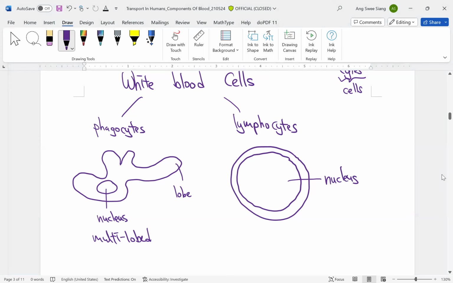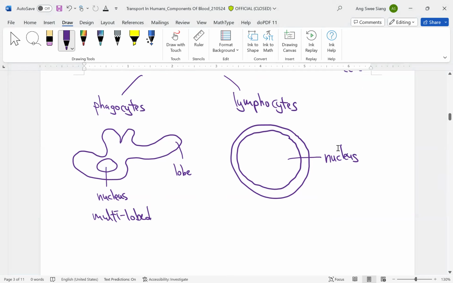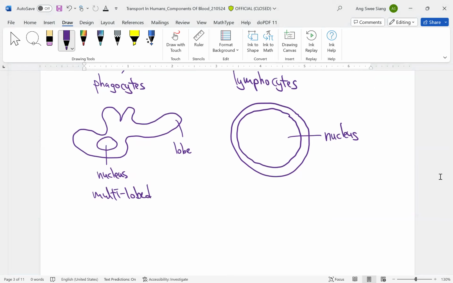Antibodies. Yes, very good. Just now someone talked about antibiotic. Okay, it's not antibiotic, it's antibody. So the function of lymphocytes is to produce antibodies.